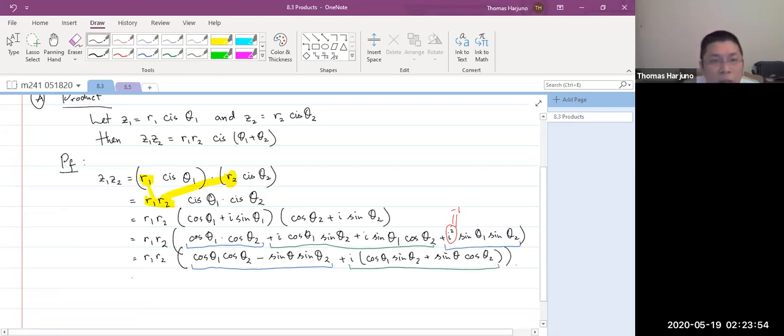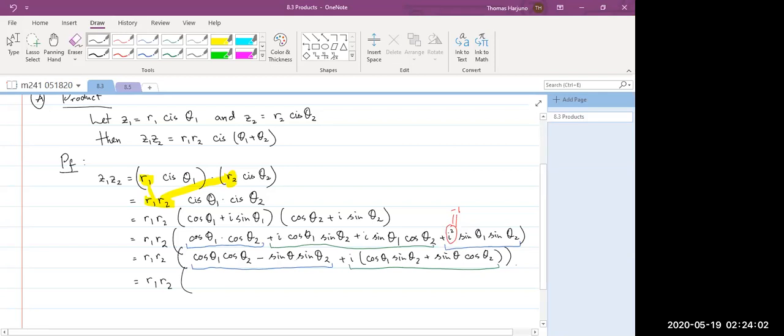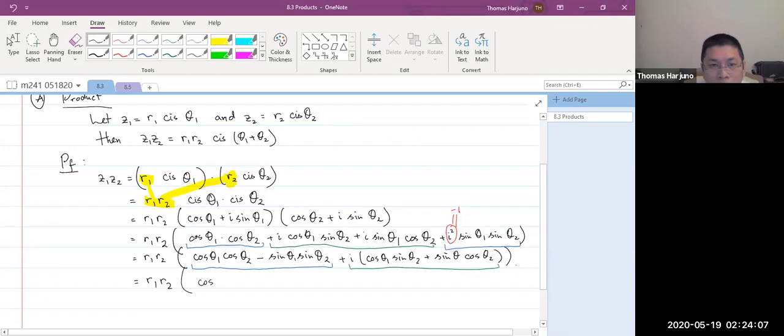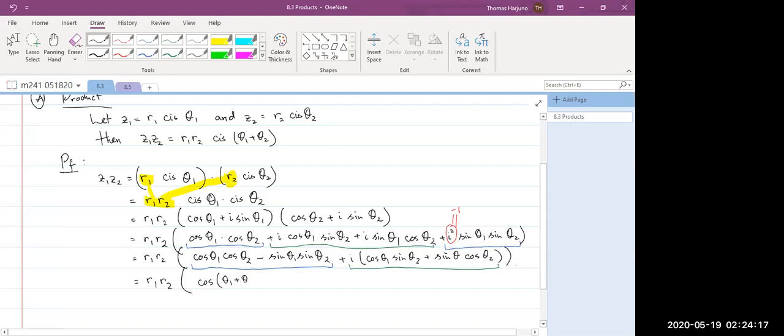Now the first two terms combine to be, the sum and difference, cosine of what? Theta 1 plus theta 2.